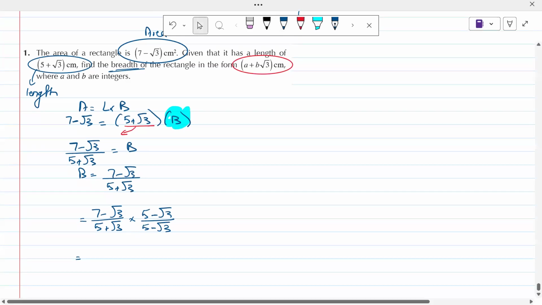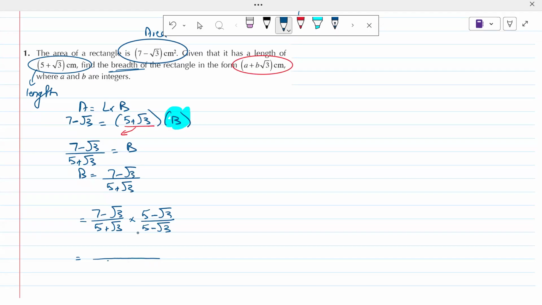Denominator will always be a plus b times a minus b. So denominator would be a square minus b square, which is 5 square minus root 3 square. And numerator would be 7 minus root 3 multiplied by 5 minus root 3.